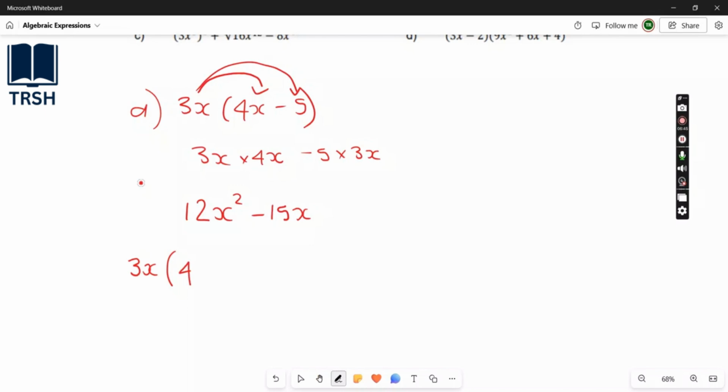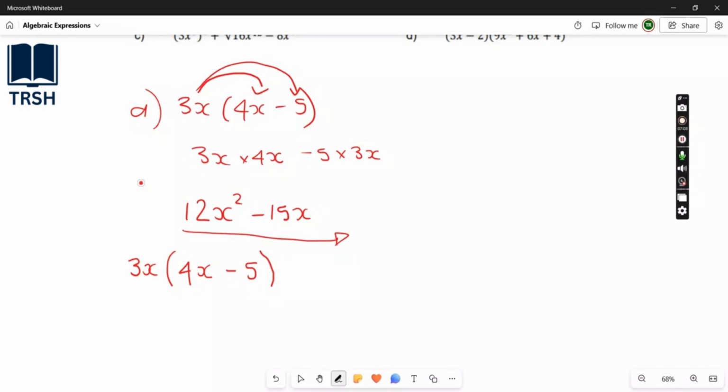We had x squared, now we're left with x. Then minus 15 divided by 3 will give us 5. And then x and x is gone. And then we can see that, okay, this and this is the same. So that means that this is our answer.